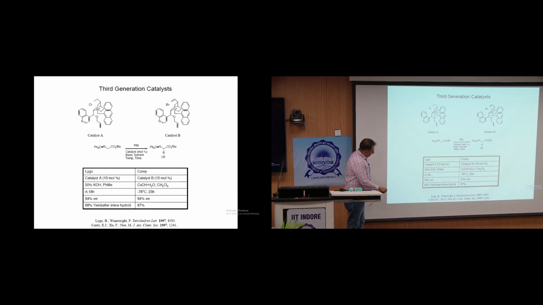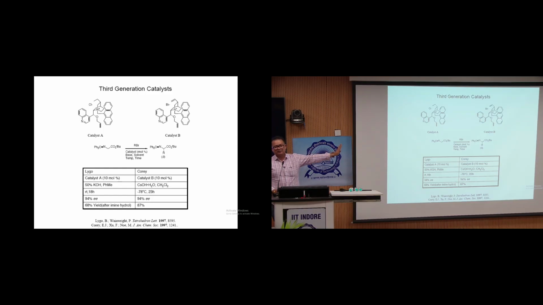Room temperature, 18 hours. Corey's condition shows minus 78 degrees centigrade, 23 hours. Lygo says 94% enantiomer selectivity. Corey says 94% enantiomer selectivity. 68% is the yield, 87% the yield. Now you tell me which is better.